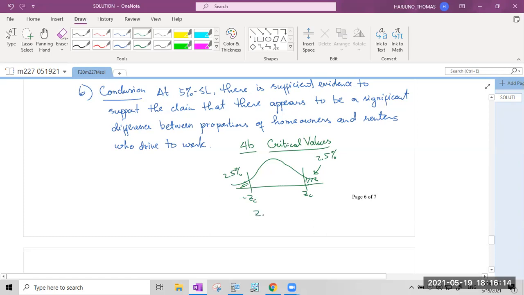So Z critical is plus minus inverse norm 0.97501, which will give us plus minus 1.95996. That's the critical values.